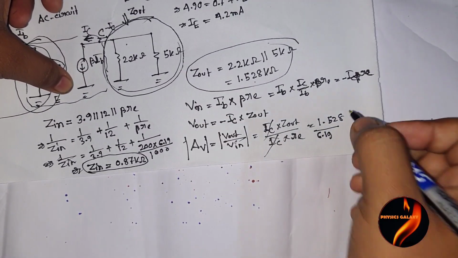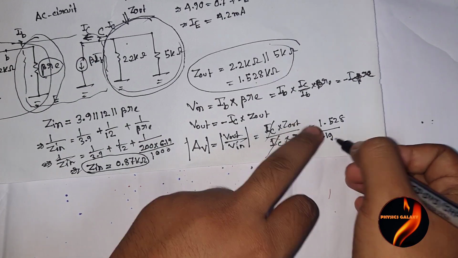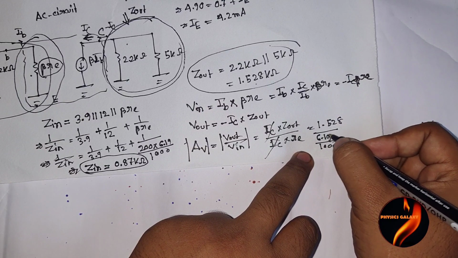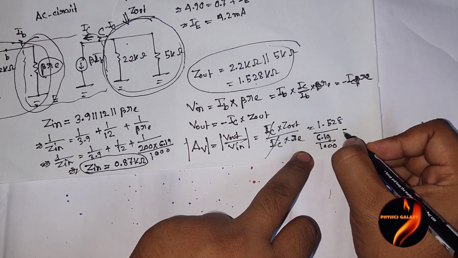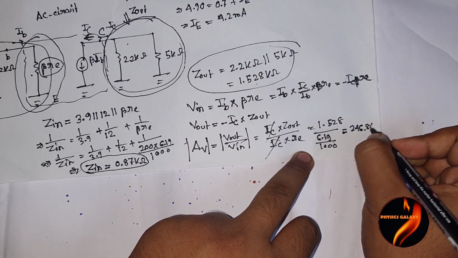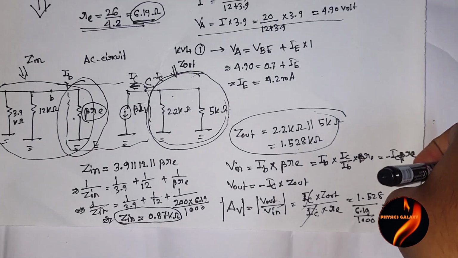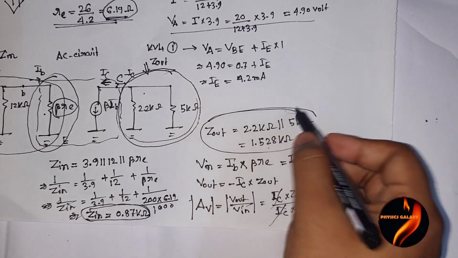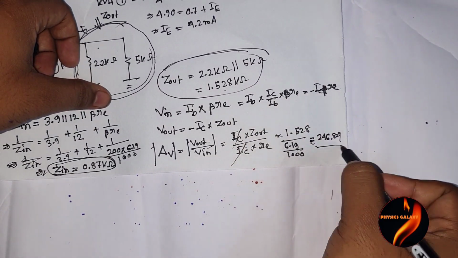RE is in ohm, so we have to convert it to kilo ohm, which is why we have divided it by 1000. This gives the voltage gain as 246.48. So these are the three results: the input impedance, the output impedance, and the voltage gain.